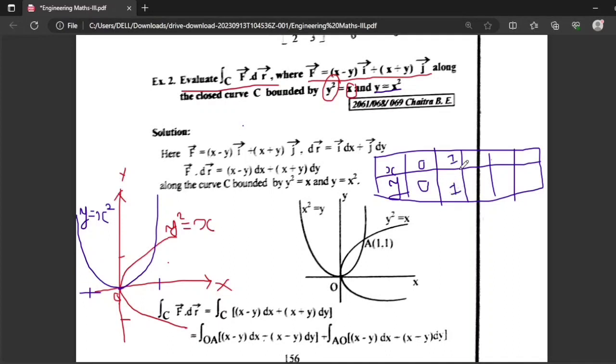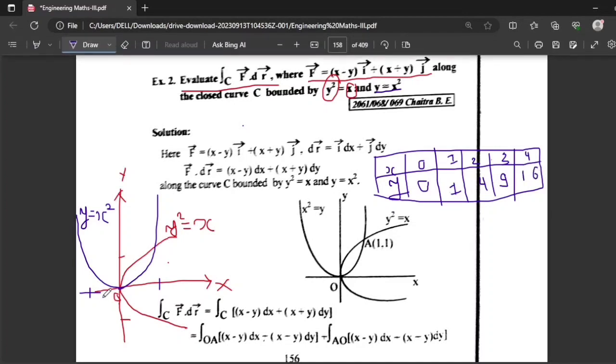When x is 2, y is 2 square, that is 4. When x is 3, y is 3 square, that is 9. And when x is 4, y is 4 square, that is 16.